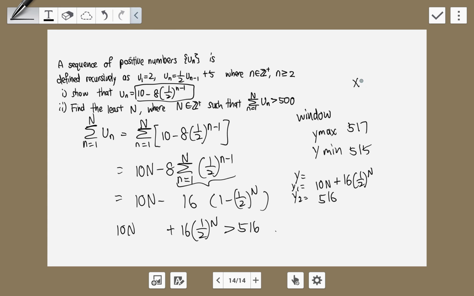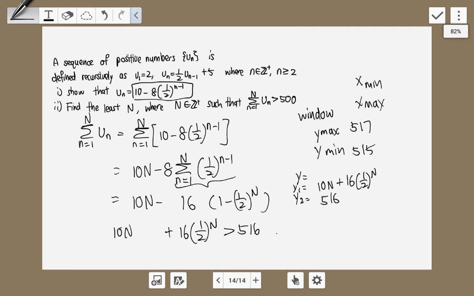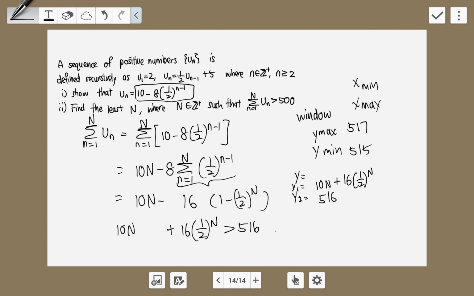But what is my x min and x max for my window? This one is a bit skewed, so you don't know where exactly the x intersection point would be. The x coordinate would be the solution for your n. So what do I do? You choose a range of values, maybe from 0 to x max.